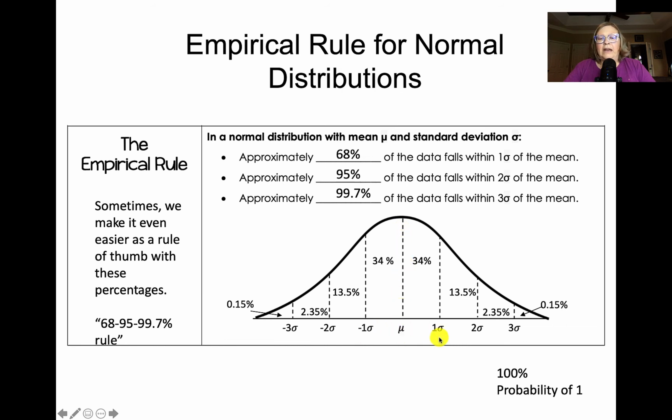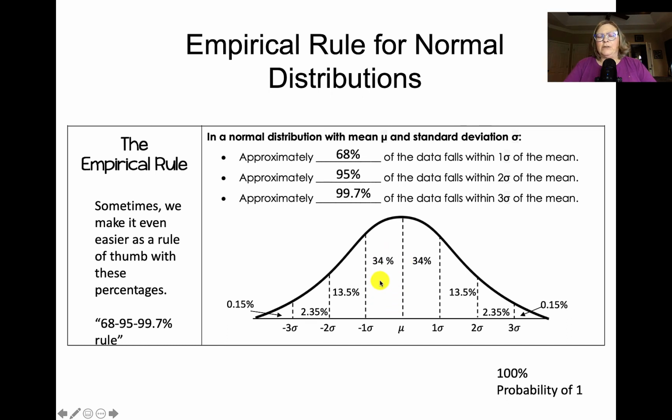Then we go up and down by standard deviations. The next one up would be 12.5, 12.6, and 12.7. We'd go down and label the horizontal axis 12.3, 12.2, 12.1. These percentages represent the percent of data that falls within that range. So 34% of the data should fall between these two vertical dashed lines.